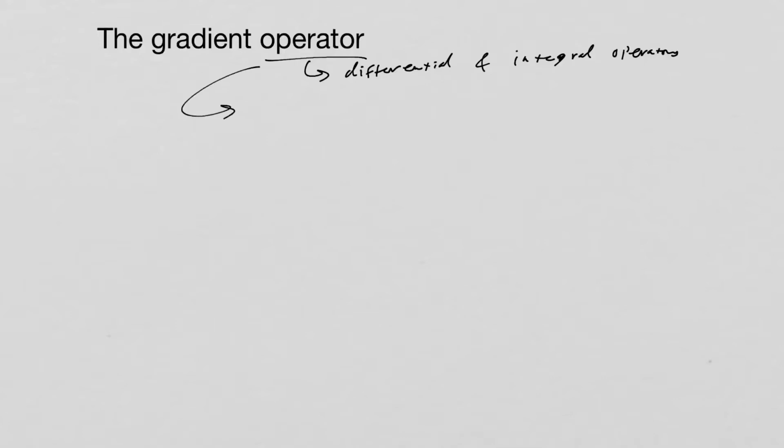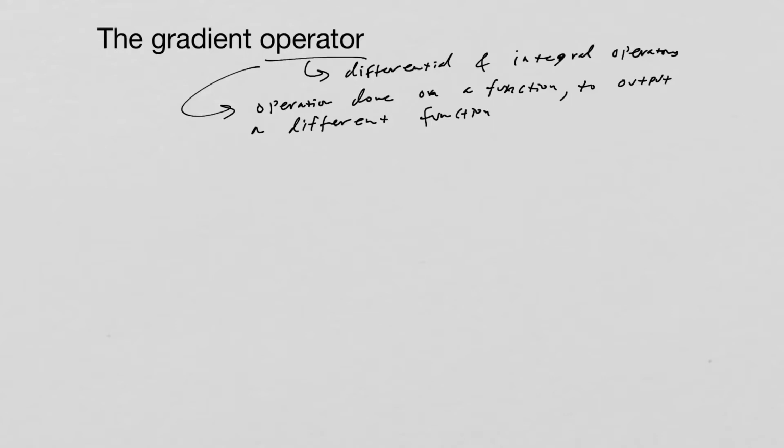An operator is typically defined as some sort of operation done on a function to output a different function. So you can think of an operator as a function of functions, right? The input, rather than being a number, is a function, and it outputs a function.